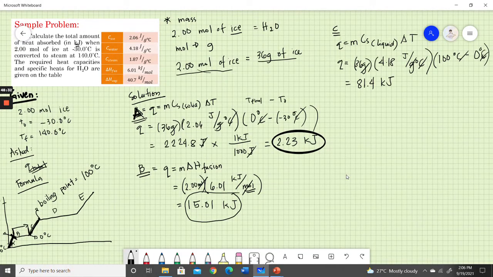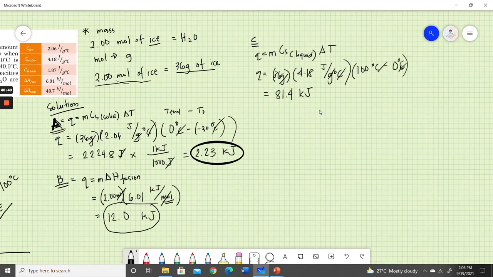Okay, so if you guys use a calculator, this actually should be 12.0 kilojoules, and this one is the 15. Sorry about that. This one should be the 15.1 kilojoules. Okay.